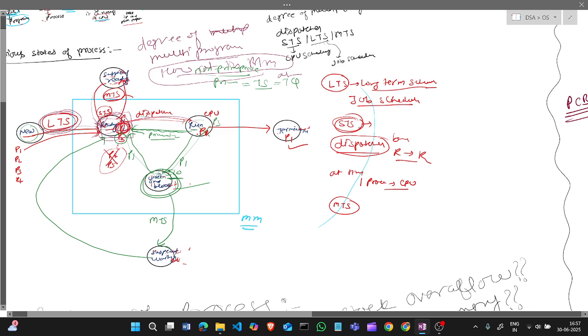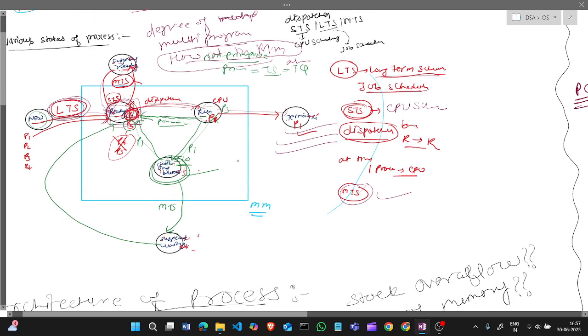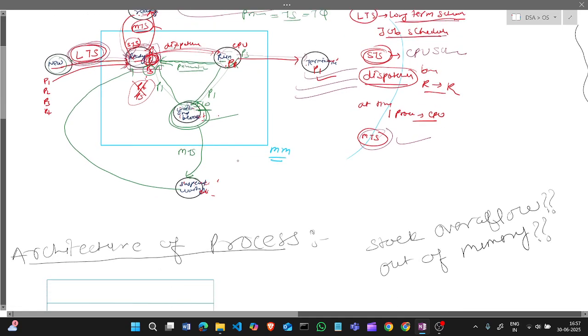The short-term scheduler is also called the CPU scheduler, the long-term scheduler is also called the job scheduler, and the mid-term scheduler is the mid-term scheduler. So this is the terminology. When processes are completed one by one, they go to the termination state and go out of memory. So these are the various states of a process.